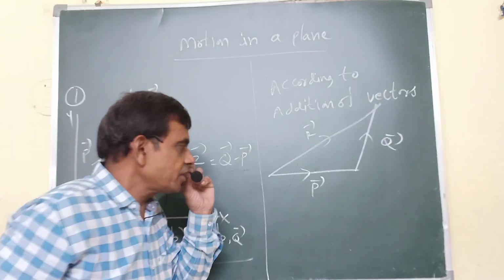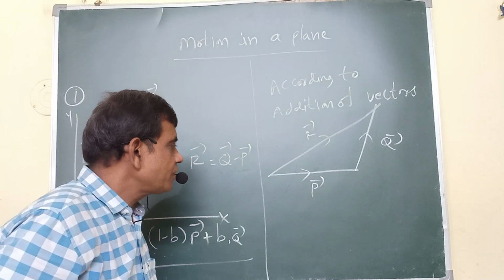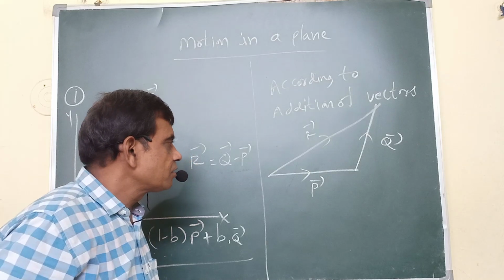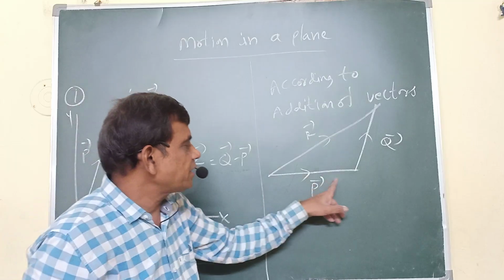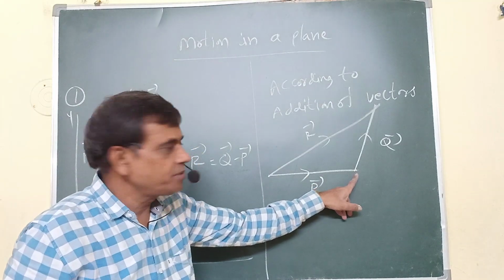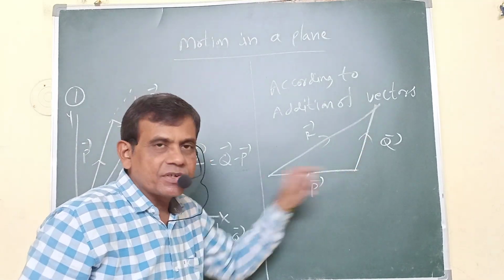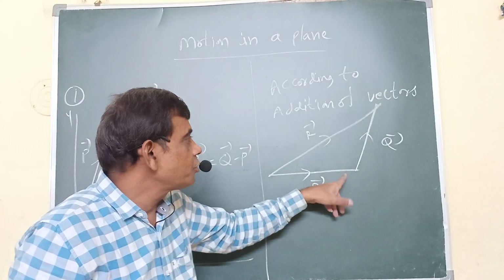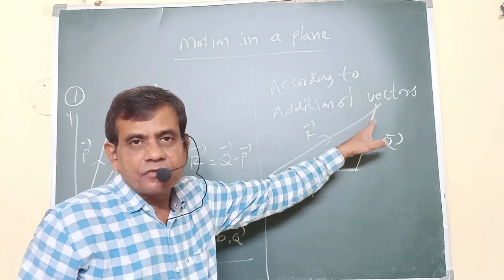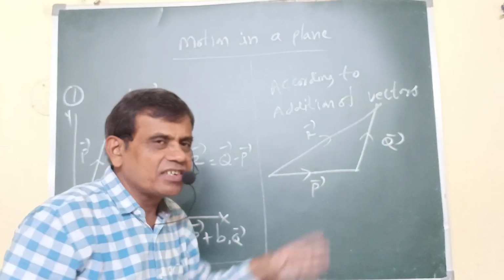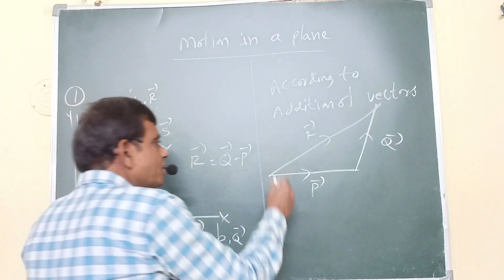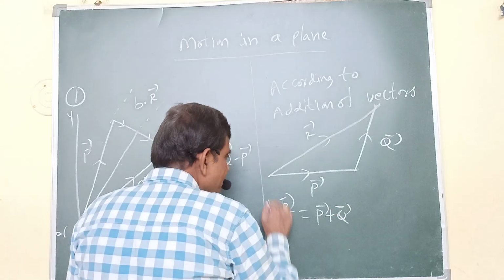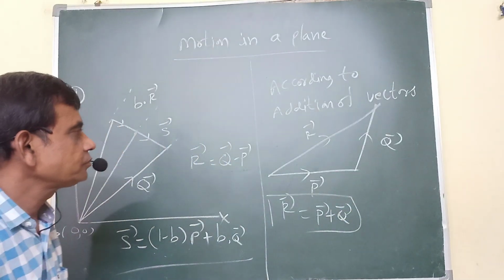First vector, final position, terminal point, and second vector, initial point, must coincide. At that time, P vector initial point and Q vector terminal point, I am joining with one vector, that is called R vector. This must be in this order, then only you apply. Now R equals P plus Q. So that is called law of addition of vectors.